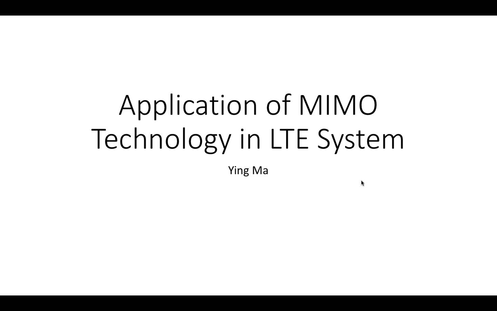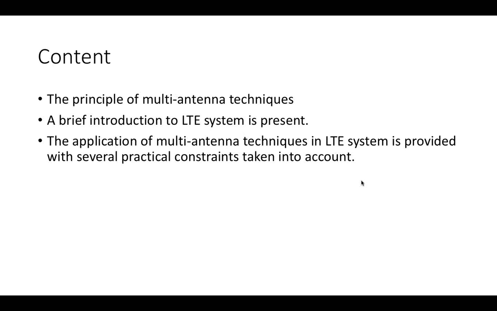Multiple antenna techniques, which can be used to increase data rate through multiplexing or to improve performance through diversity, are adopted as a key component of LTE. So here we are going to talk about three major problems.